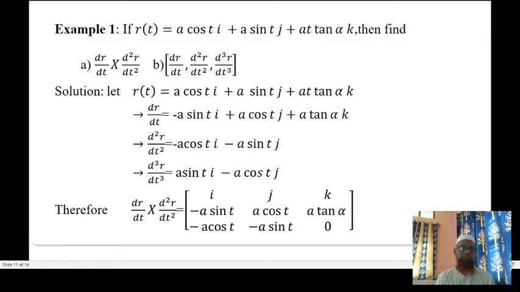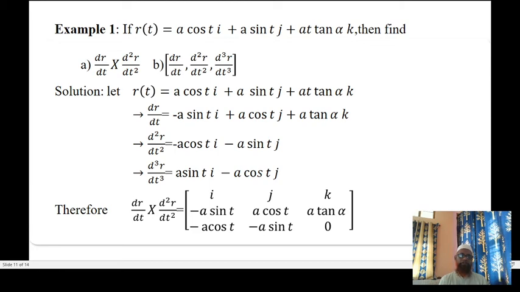Differentiating r with respect to t, dr/dt is minus a sin t i plus a cos t j plus a tan alpha k, since the derivative of t is 1. d²r/dt² is minus a cos t i minus a sin t j. Again differentiating, d³r/dt³ equals a sin t i minus a cos t j.